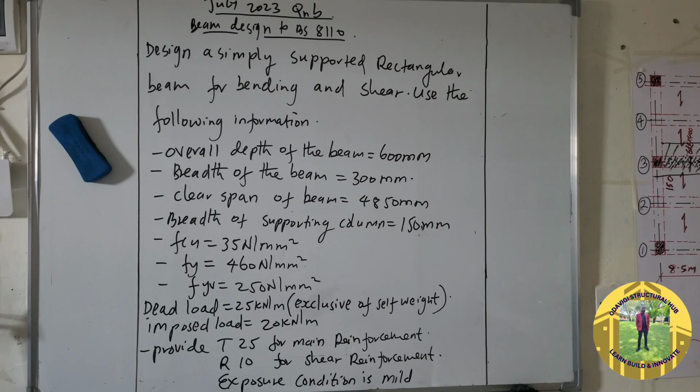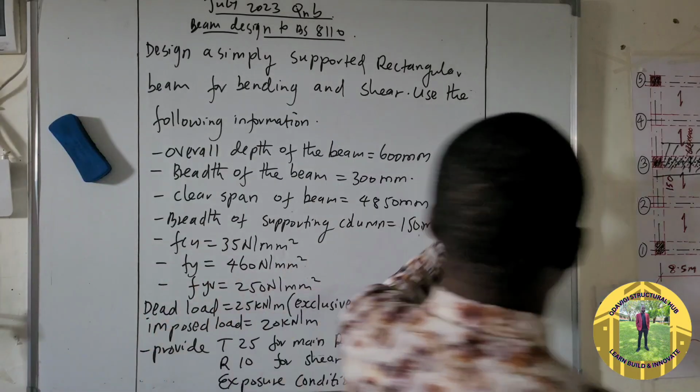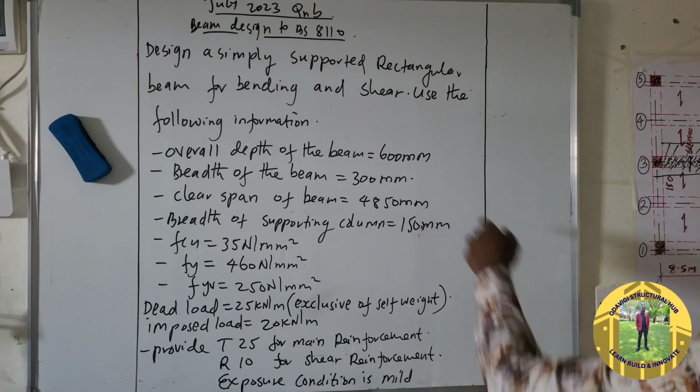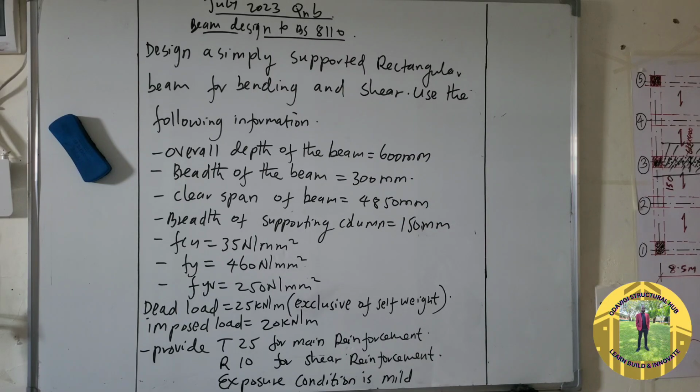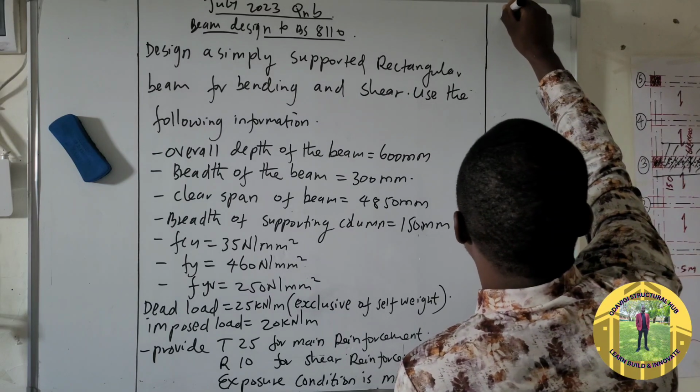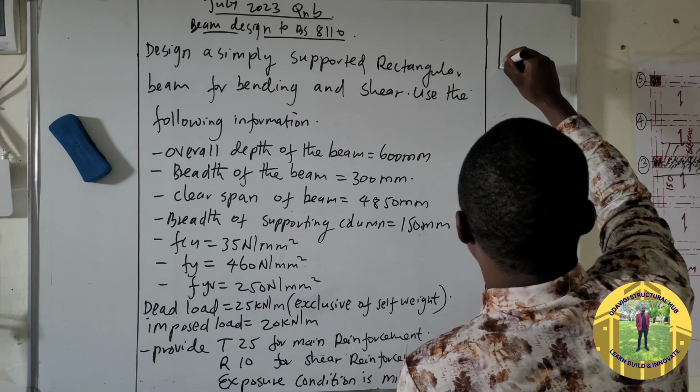Again, I want to write here the information that will help us in solving this problem, and then I will clean here so that I can have more space for more calculation. So overall depth of the beam is 600 millimeter and the breadth of the beam is 300 millimeter. So if I draw the section, this is how it will look like.